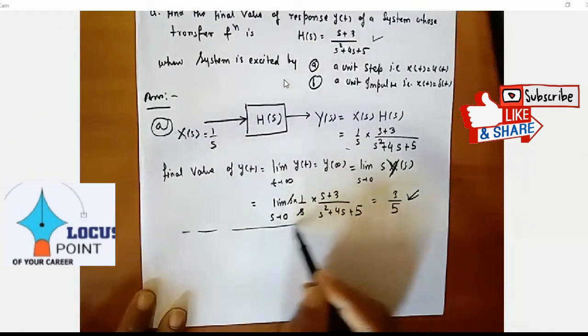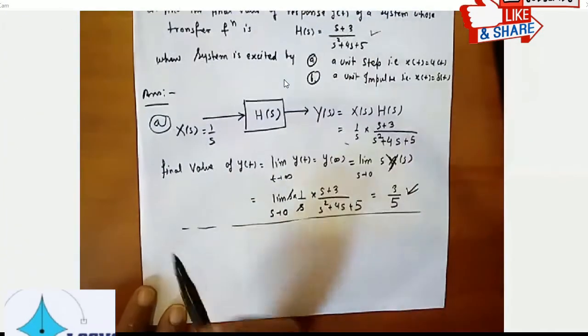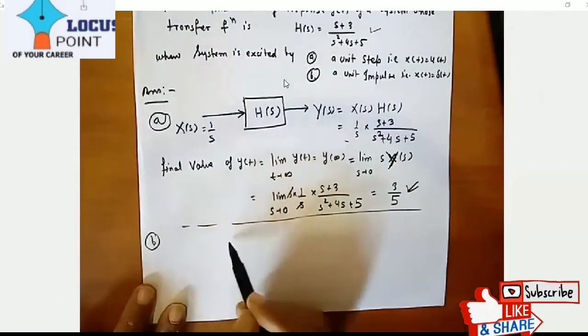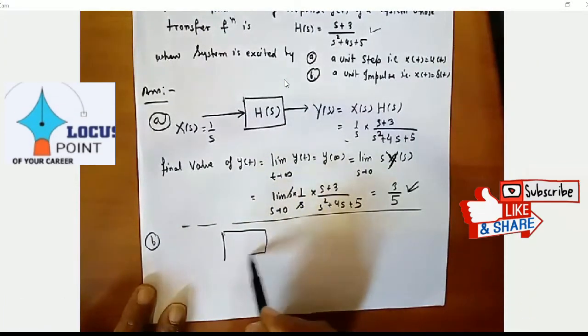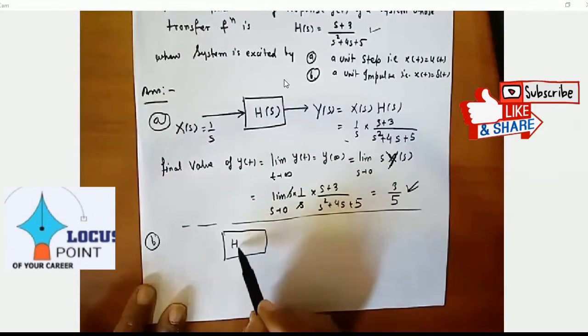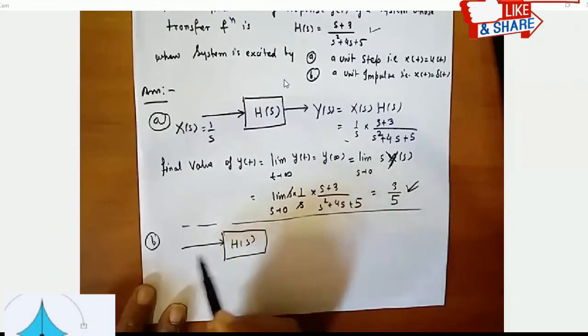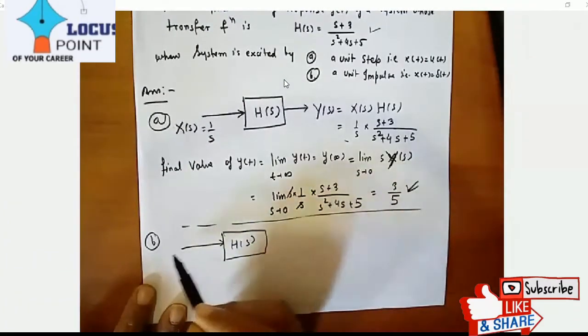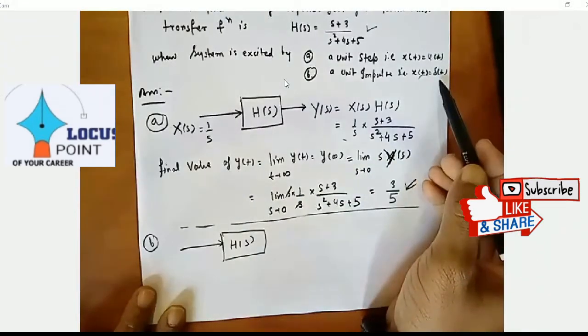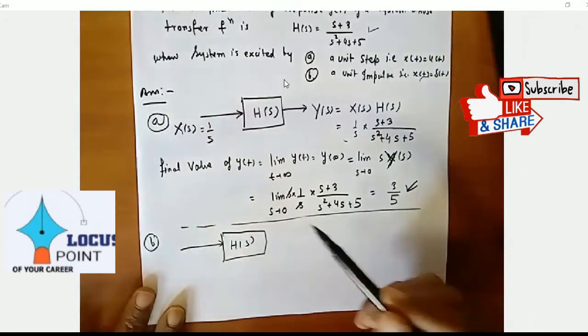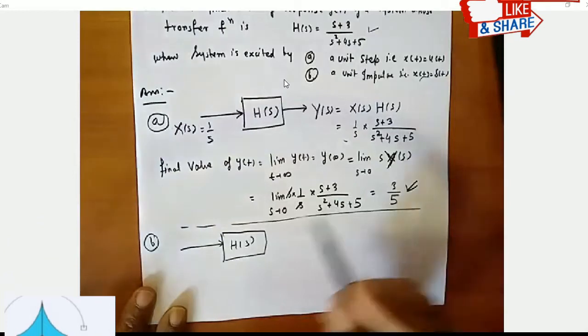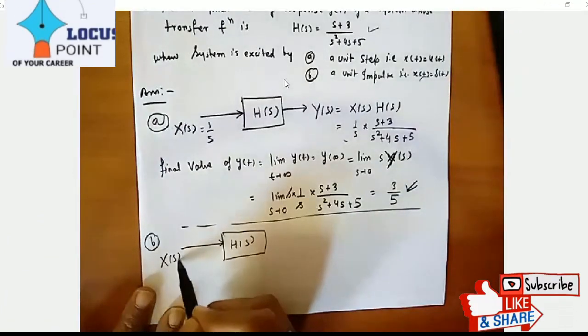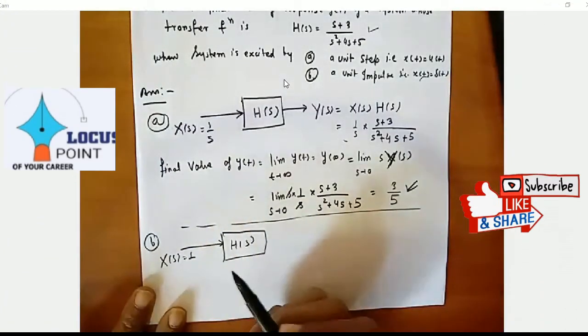Clear? Okay. Now answer number B. In this B, again you will make a system H(s), but now in this case x(t) is delta(t), and I have already told you that the Laplace transform of delta(t) is 1, so you can write X(s) is equal to 1.